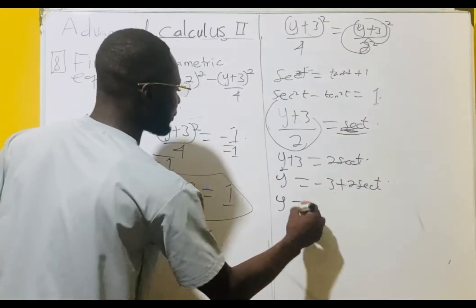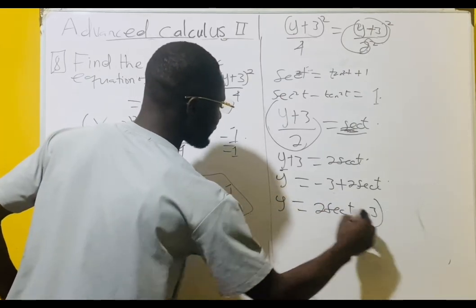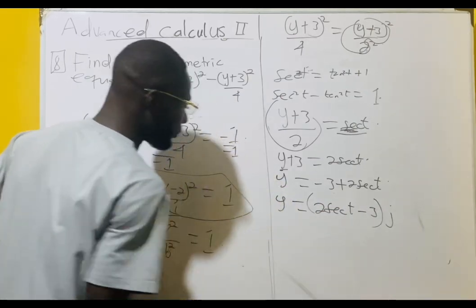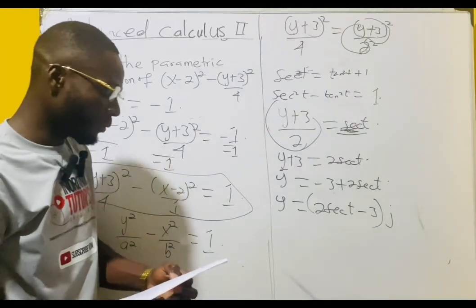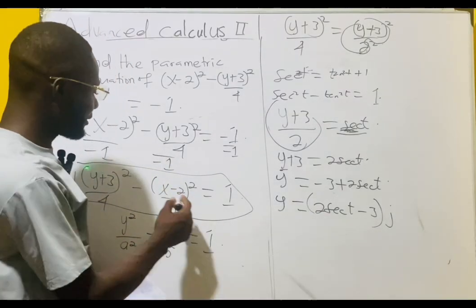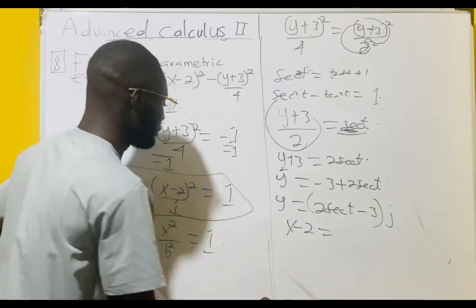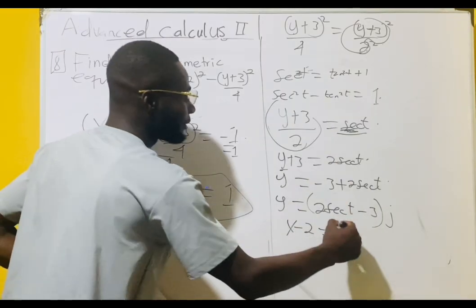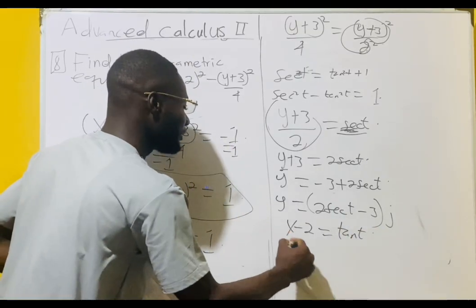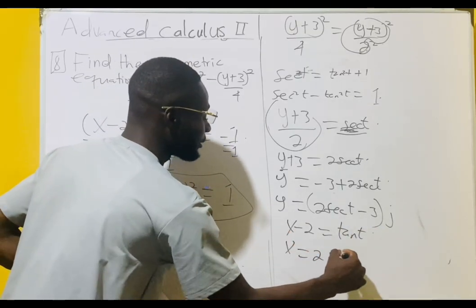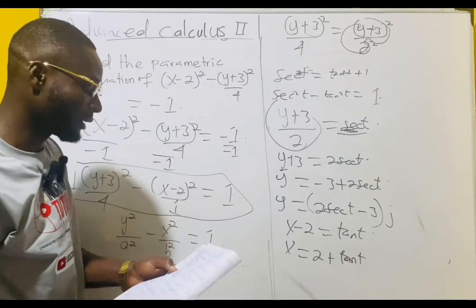So y equals 2 sec t minus 3, and that is the j component. And also x minus 2 should be equal to tan t.